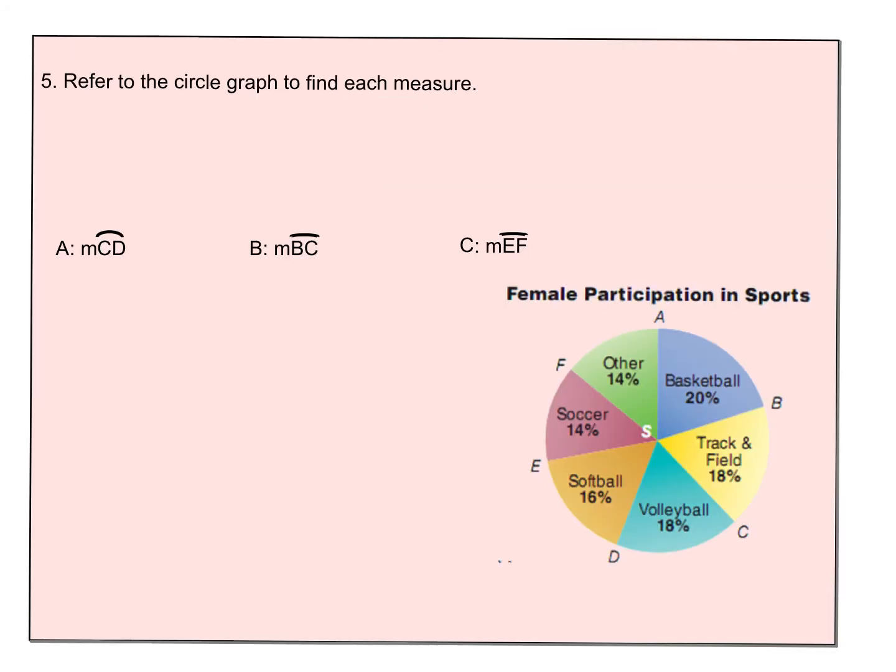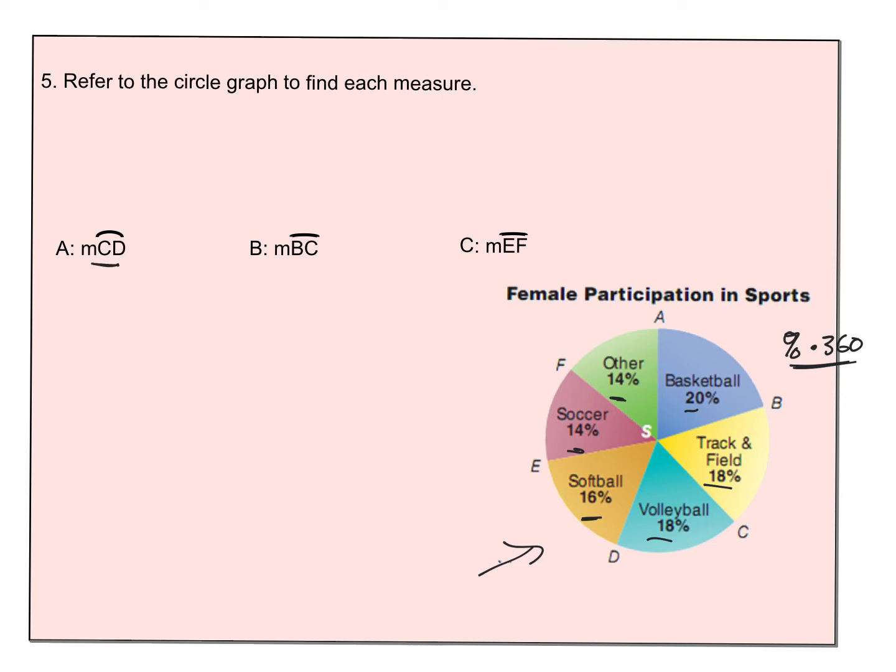Okay, so here, I'm going to use this graph, but you notice how it's all percentages? I'm going to take that percentage and multiply it by 360. Where did I get 360? All circles have to add up to 360, by definition.